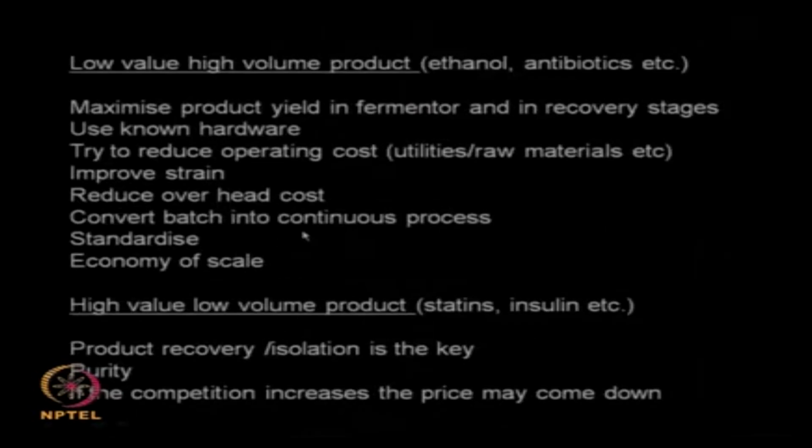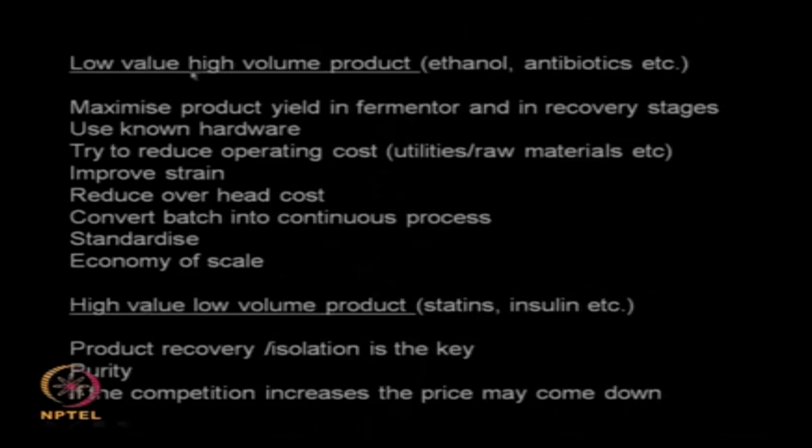There are 2 types of products which are manufactured in bioprocess engineering. One is called the low value high volume product, that means the selling price is low but you make a large amount of product. The other one is called high value low volume product, that means the selling price is very high but you make only a little amount of product.